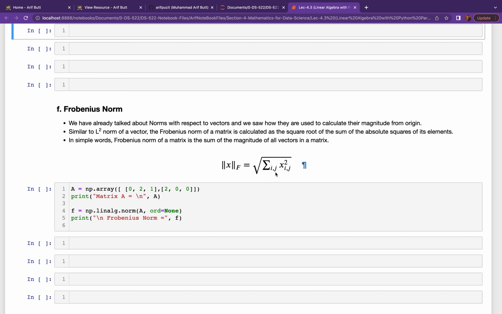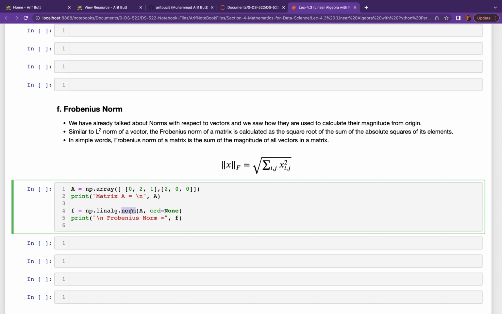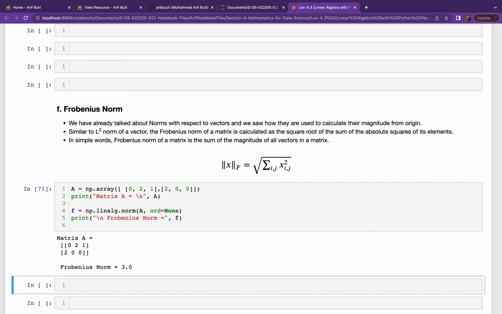To calculate Frobenius norm, you just square every element of a matrix, sum them, and take the square root. And in Python, if you want to calculate Frobenius norm of a matrix, you can once again use the same friendly norm method of linear algebra of the NumPy library and pass it ord equals None, which is the default, of course. So please do the math.